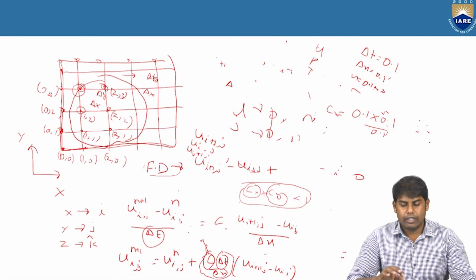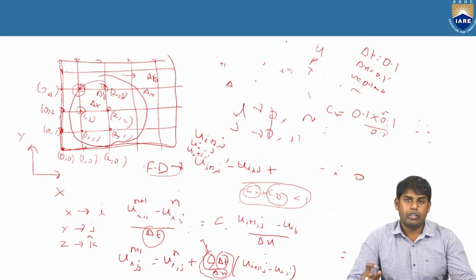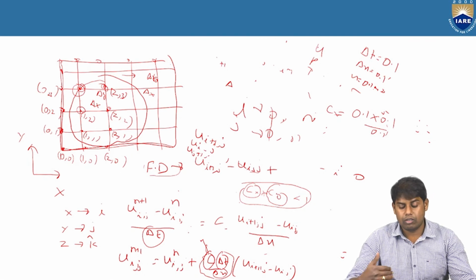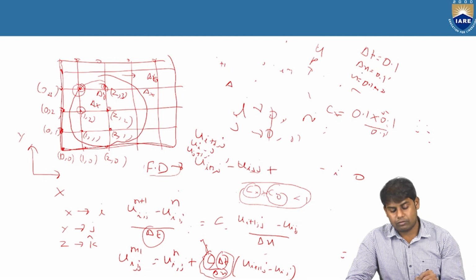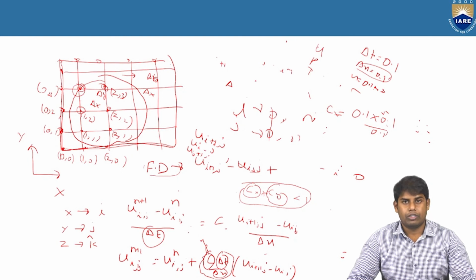So while doing the simulation, you need to take care of what the spacing is, and if the spacing is fixed, then you need to play with the time step. The time step can go very small, or it can be increased, based on the Courant number and based on the delta x we have. Okay. So in summary, the Courant number will play a major role in time dependent simulations.